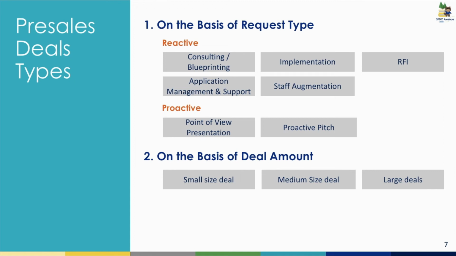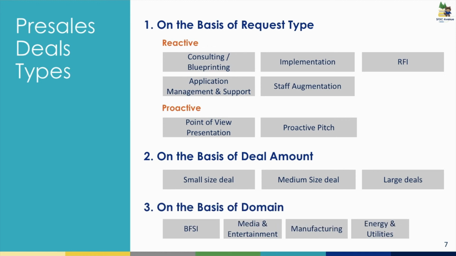Then for the large deal, we might have multiple technologies, multiple tasks, and multiple stakeholders, and a lot of content, I would say, goes into the proposal. So efficient and timely management of deliverables is the biggest challenge here.